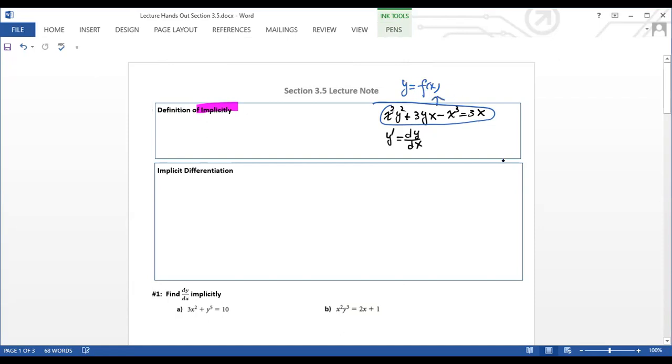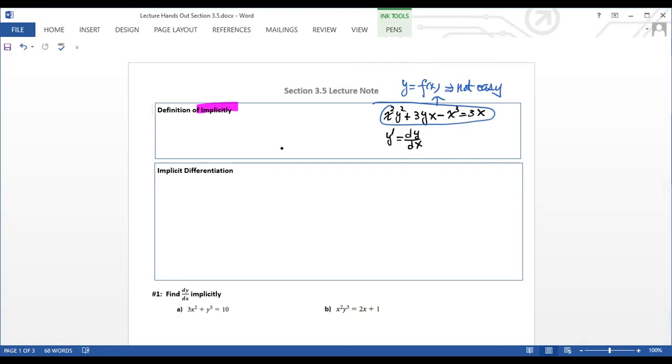But here you have y squared and y, and it's probably not easy to solve for y as an expression of x.